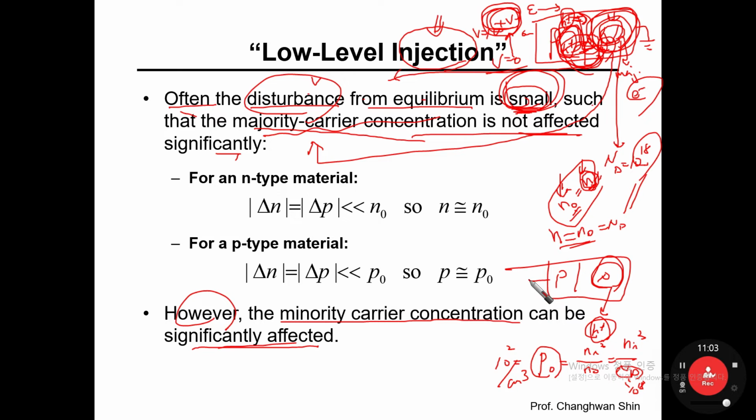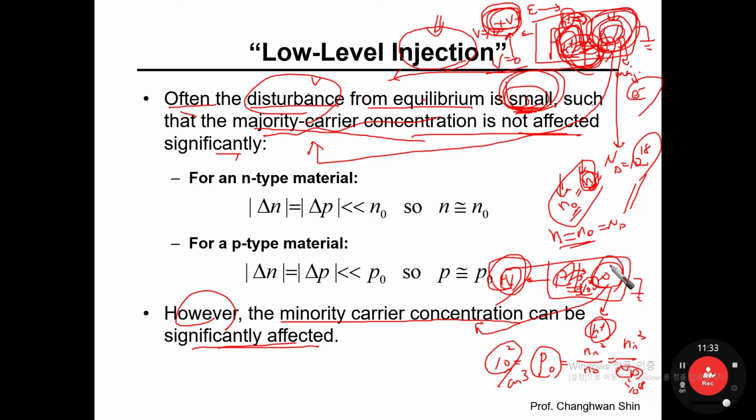But once positive bias has been applied onto this P side, then the hole concentration, which is a minority carrier, can be significantly affected. In other words, only 10 to the 2, 100 holes are available, but many holes are now injected into the N side because of this plus voltage.